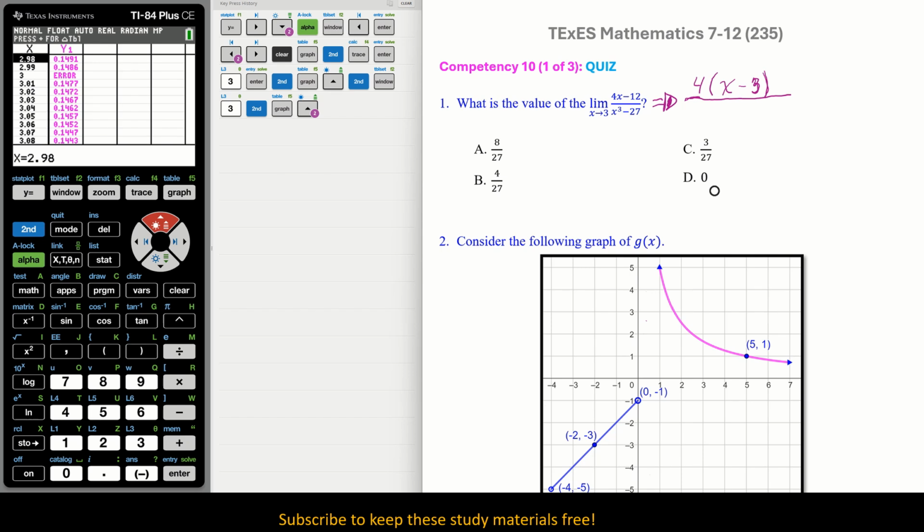Okay. Now, the fact that 3 has an error, this tells me that in the denominator, I would have an x minus 3. So we have two situations telling us to pull out x minus 3.